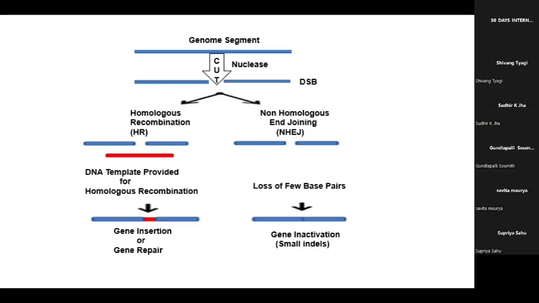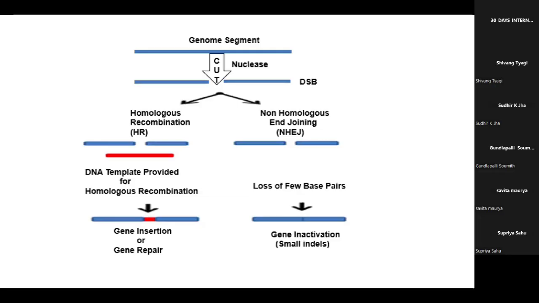I was mentioning the break and repair. Whenever there is a cut in the genome segment, the cut is created by nucleases, as we already know. After the cut, the repair will take place either by homologous recombination or by non-homologous end joining, and it happens in nature too.